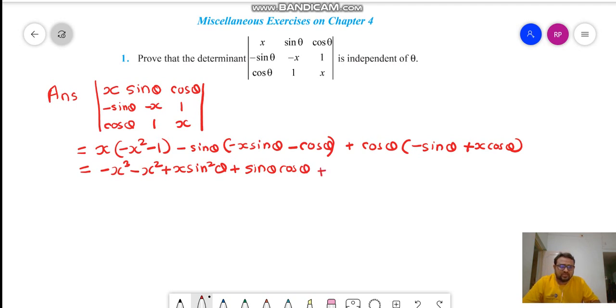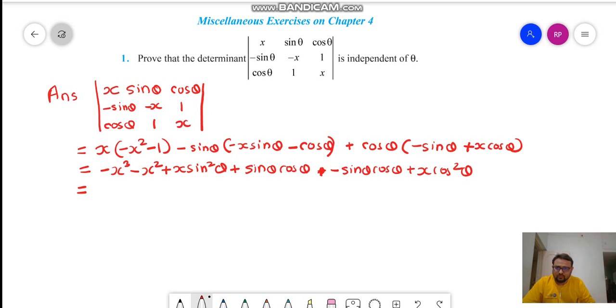Plus cos theta into minus sine theta, it will be minus sine theta cos theta. So it's not plus, it's minus. And x cos theta into cos theta, it's plus x cos square theta. Clear?